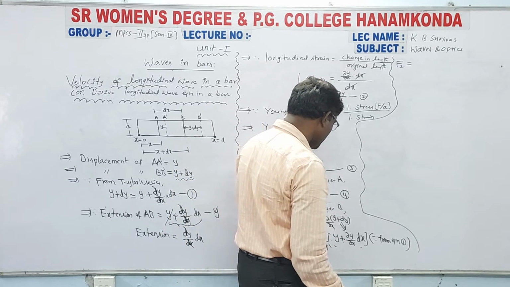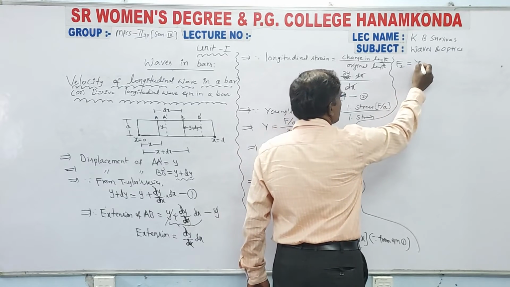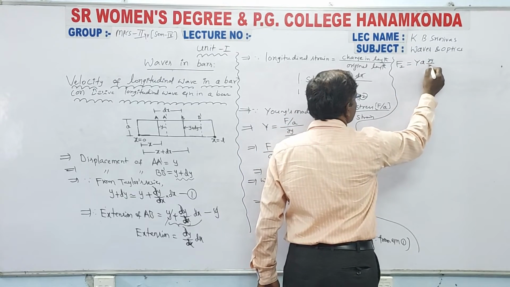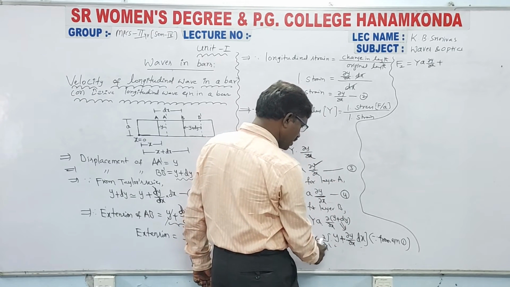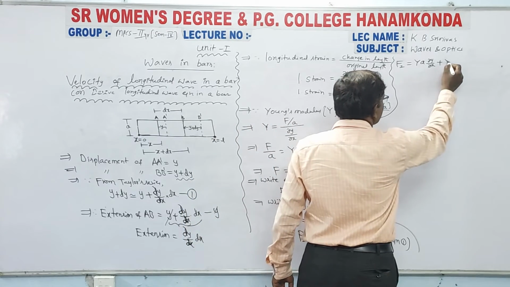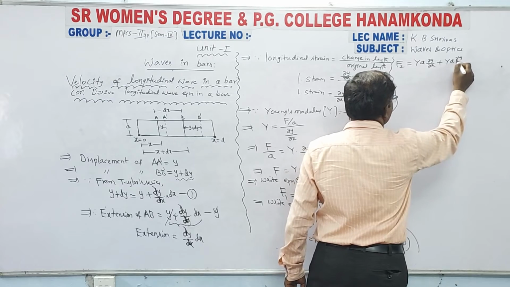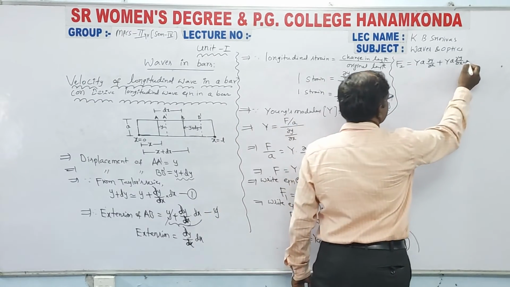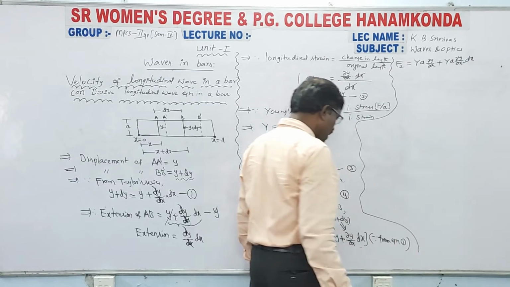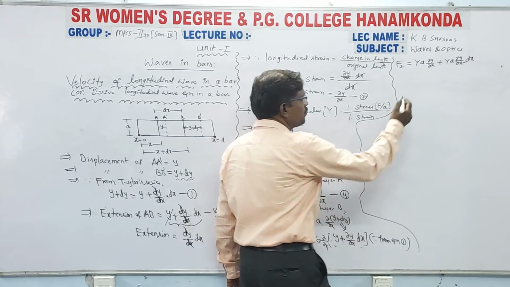Just multiply ∂/∂x with y, YA ∂y/∂x. So, this is okay, plus multiply this YA ∂/∂x with the second term. It becomes YA ∂²y/∂x² into dx, right? Let this be equation number 5.